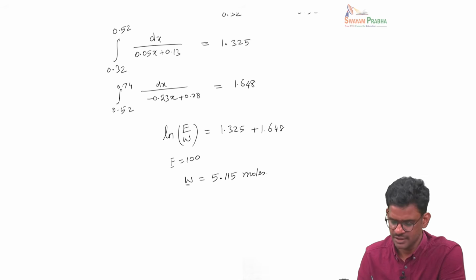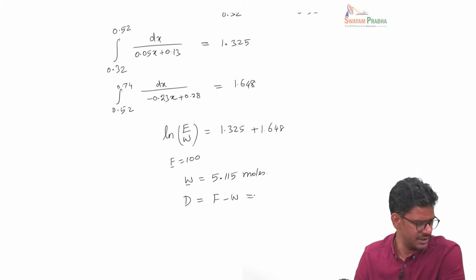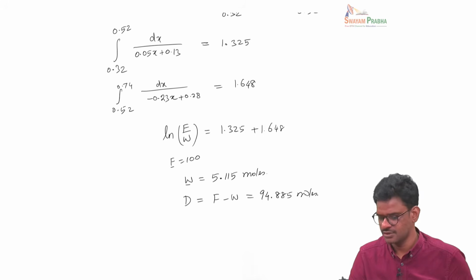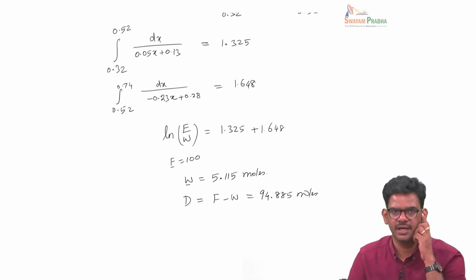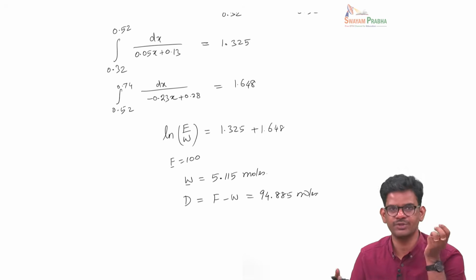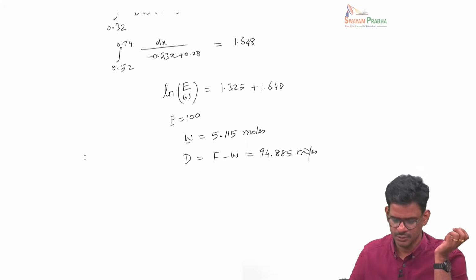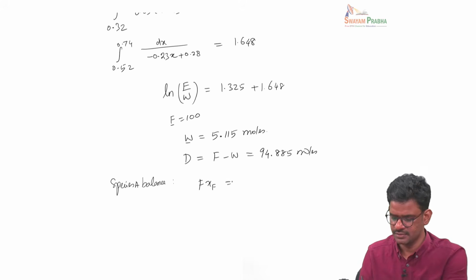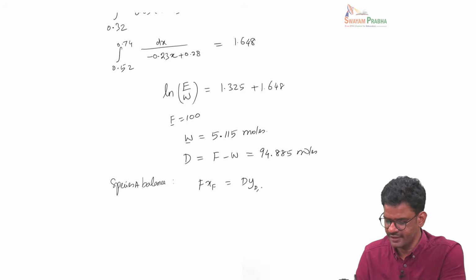Since F is known and W is known, we can find D as F minus W, and this is about 94.885 moles. So, now we know all the products and the feed, and the only unknown composition is YD. We write the species balance: F times XF is D times YD average plus W times XW.